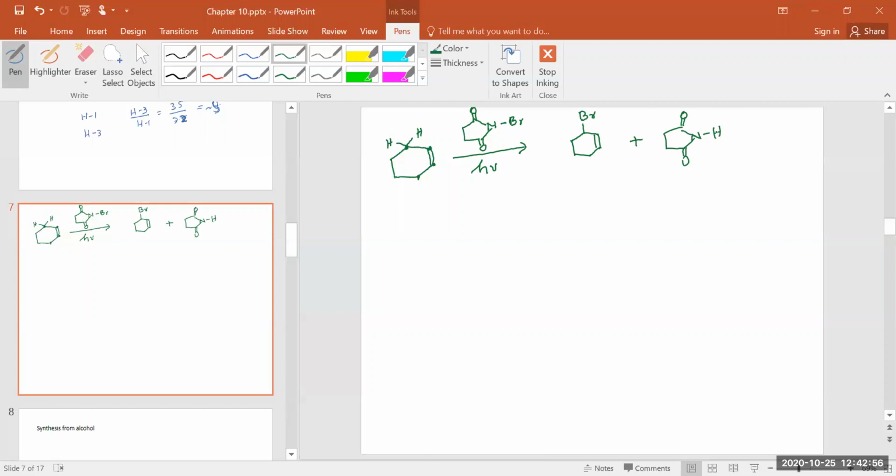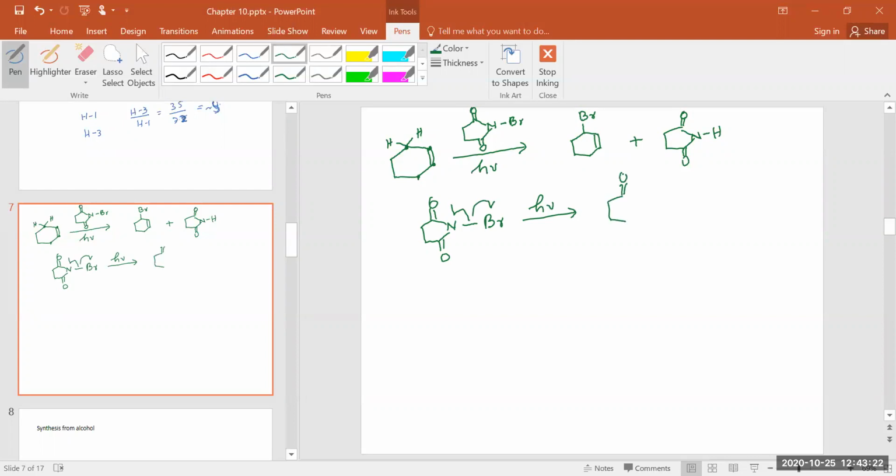So what is the mechanism? So what happens first? I'll write a very brief mechanism. Okay, so if you understand this one, you can write. So succinimide, if you expose to light or heat, so the nitrogen bromine bond breaks homolytically.